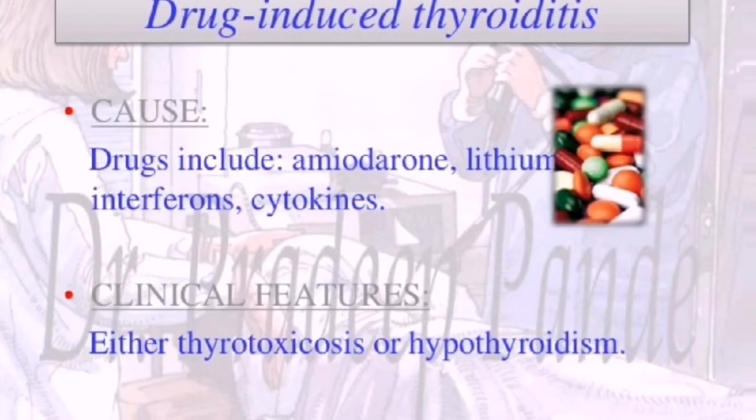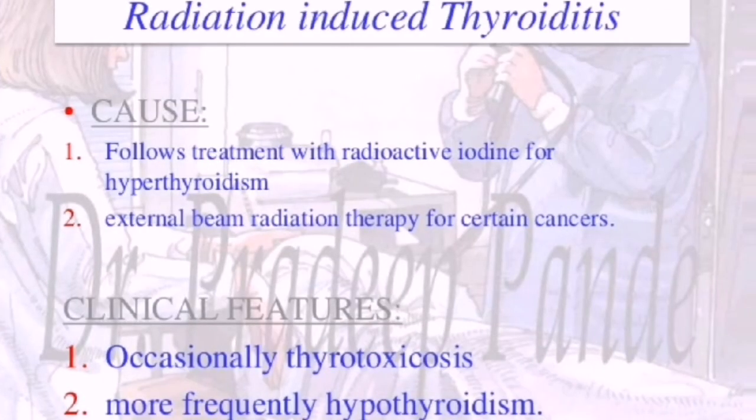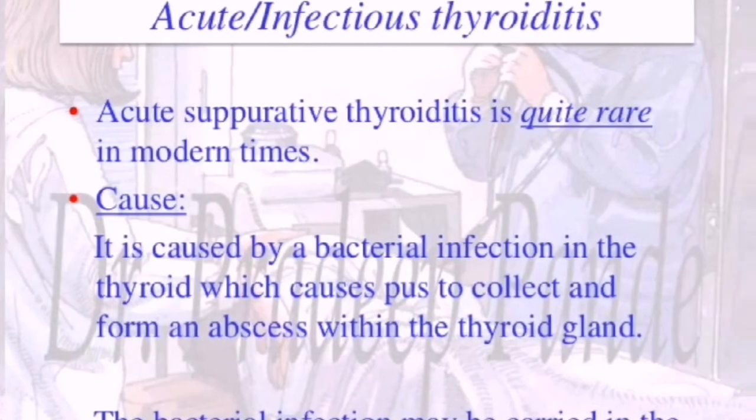Drug-induced thyroiditis: drugs include amiodarone, lithium, interferon, and cytokines. Some clinical features are either thyrotoxicosis or hypothyroidism. Radiation-induced thyroiditis can lead to hypothyroidism. The clinical features are occasionally thyroiditis, more frequently hypothyroidism.